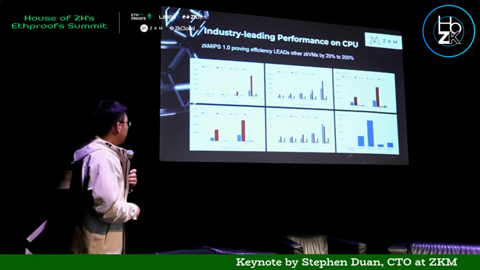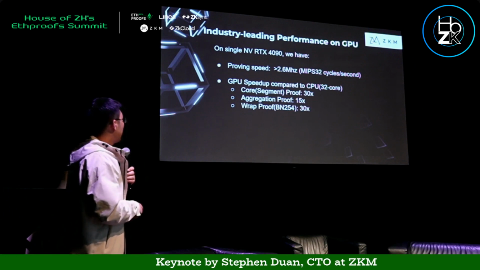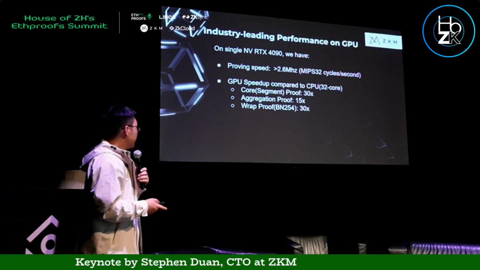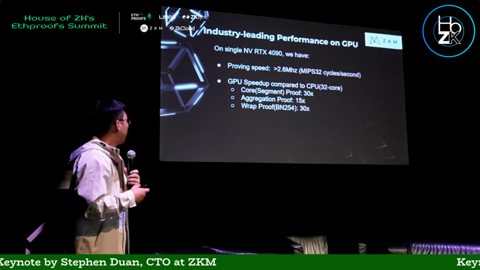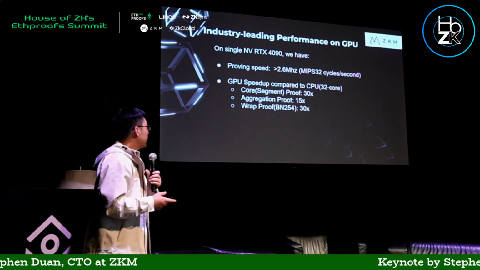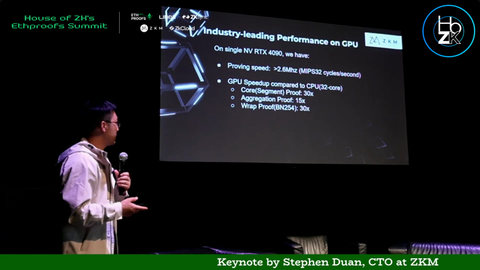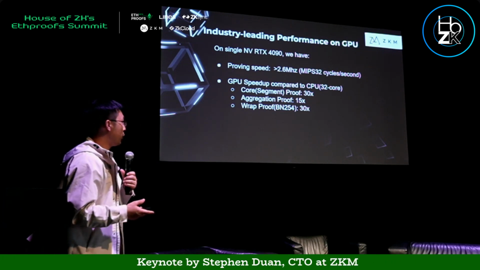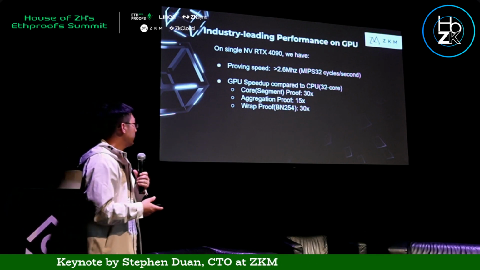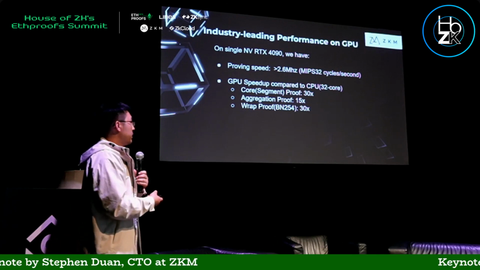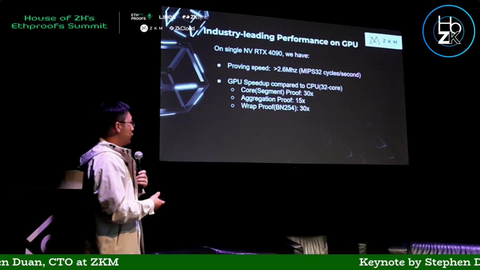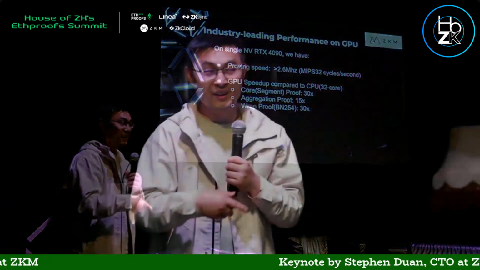Also for our GPU, on a single RTX 4090, we have a proving speed bigger than 2.6 megahertz. That means we can prove 2.6 million cycles per second on a single GPU card.